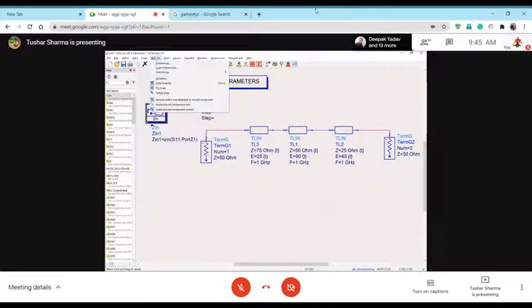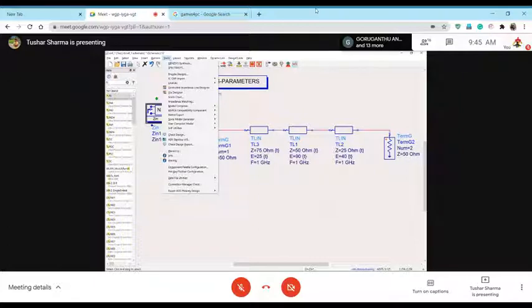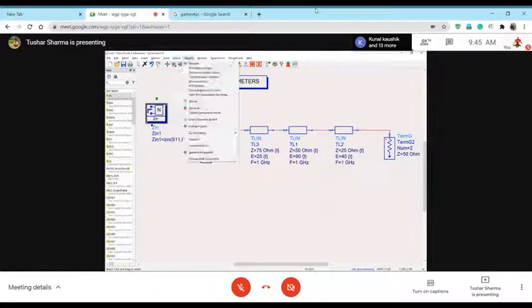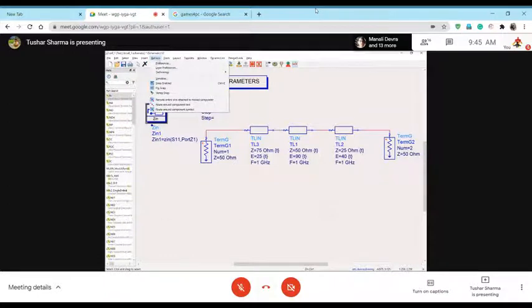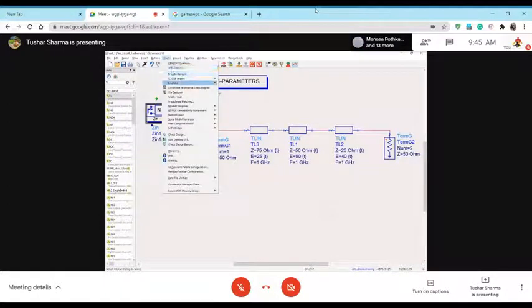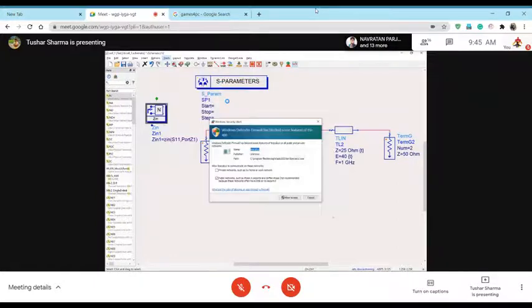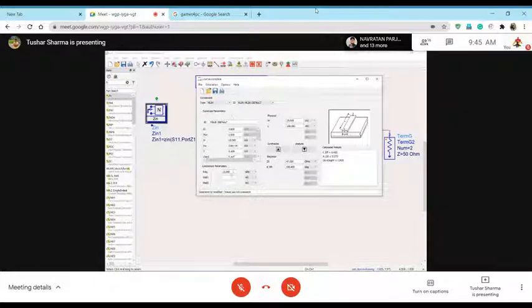What I want to do here is show you how you convert these ideal lines into real-looking lines. For that I need to find line cal. Tools, line cal, okay. So you fix your frequency.